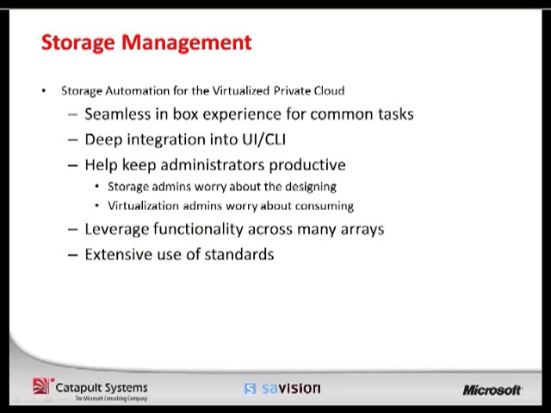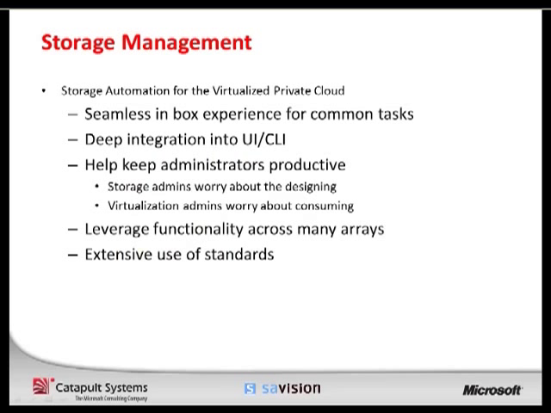Storage management. VMM can discover and provision remote storage on arrays in the console, and available storage can be classified. For example, an 8 gig fiber channel SAN connection could be called platinum, whereas slower iSCSI storage could be known as silver.